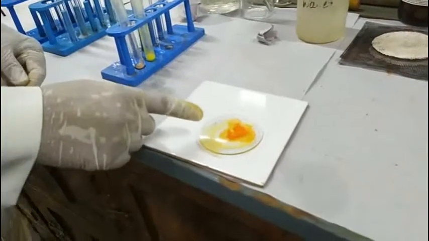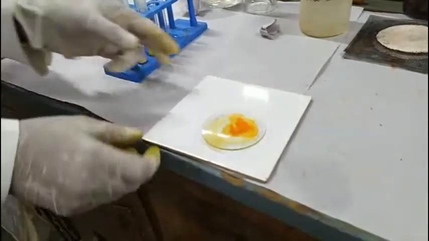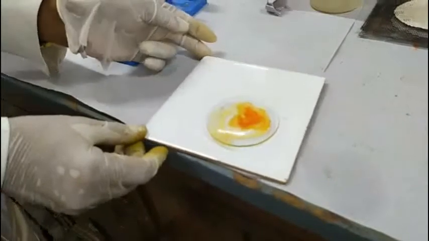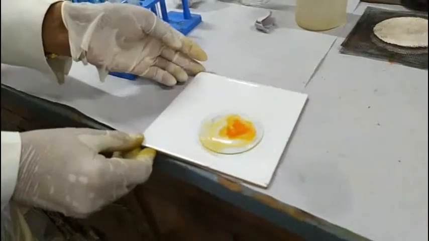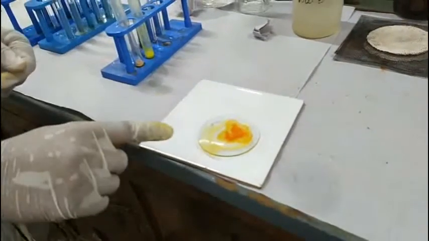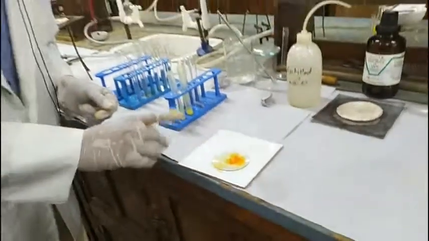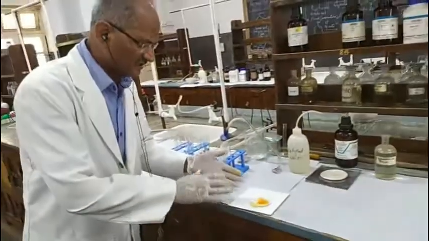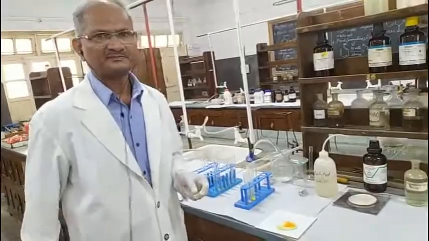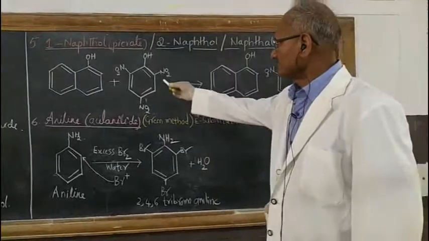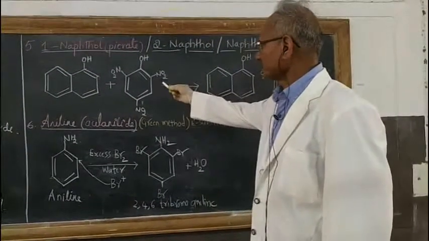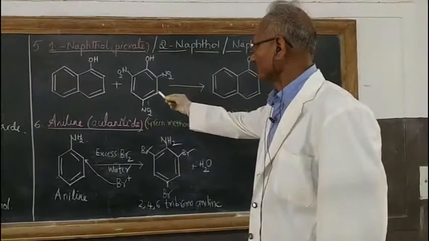Yes, this is the picrate derivative of alpha naphthol, which is orange red in color. The picrate derivatives of beta naphthol and naphthalene are also obtained on the same line. This is the picrate derivative of alpha naphthol.